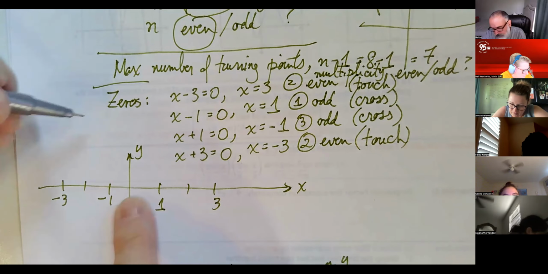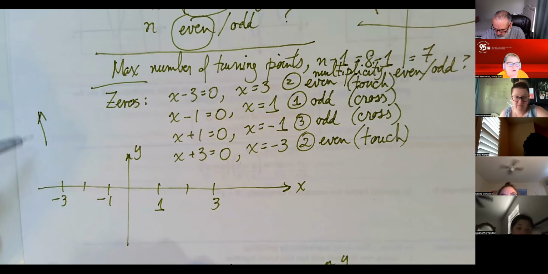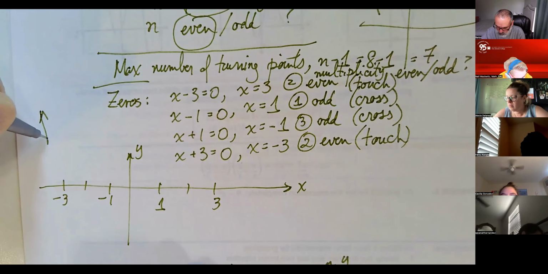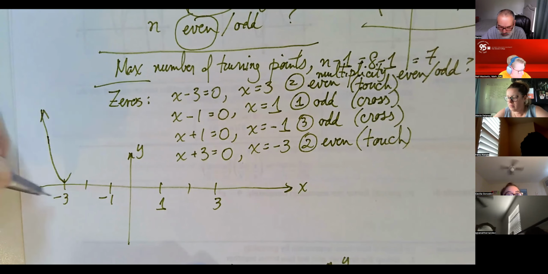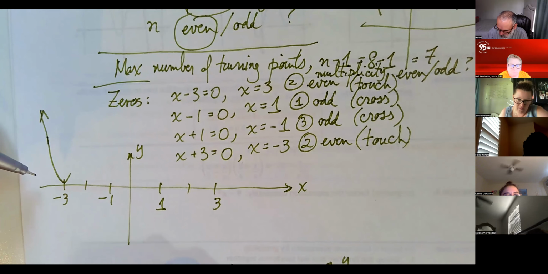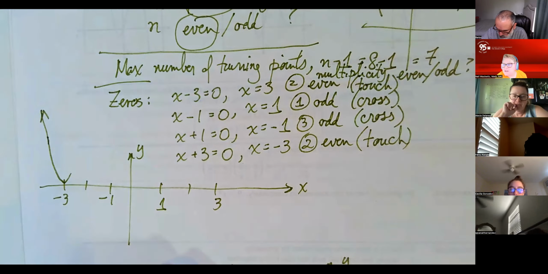Touch, good. We are up to the left and to the right, so we're coming from above. We're going to touch. That means that we're going to have a turning point right there at -3.